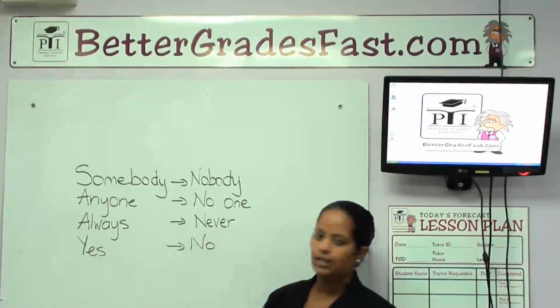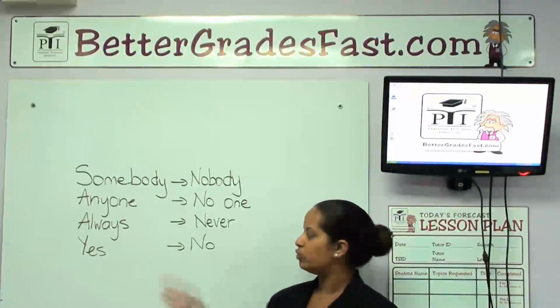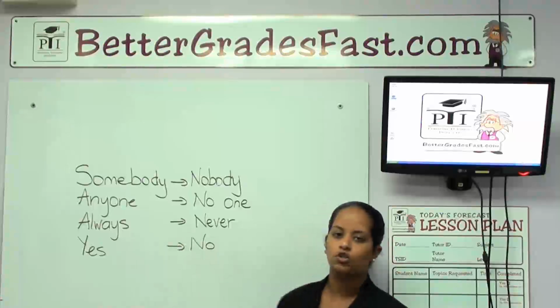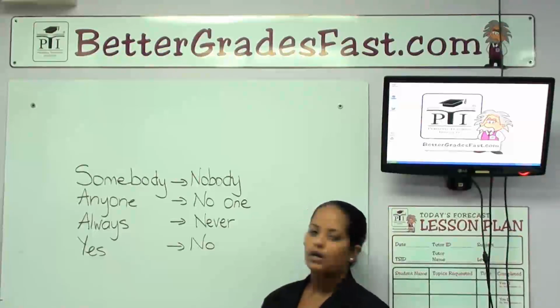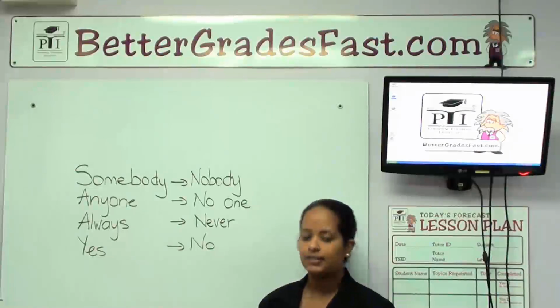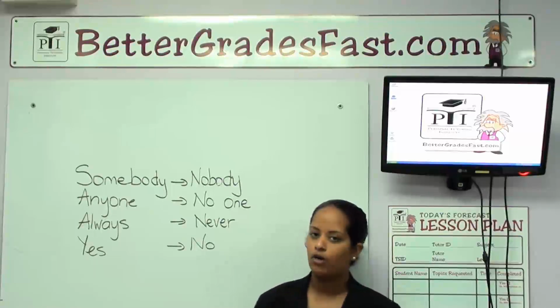There are specific negative words for specific affirmative words. So you need to learn these to be able to know which corresponds with which. If you need to change a negative sentence to affirmative, it just works the other way around.